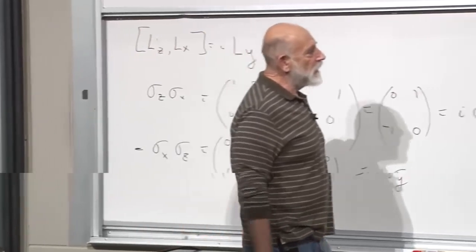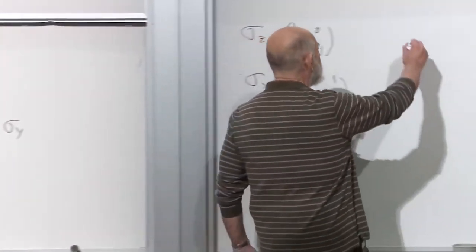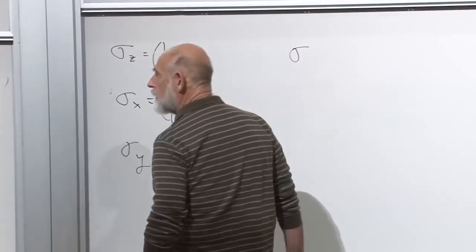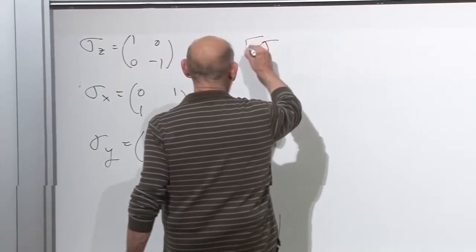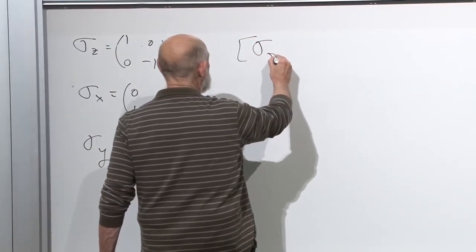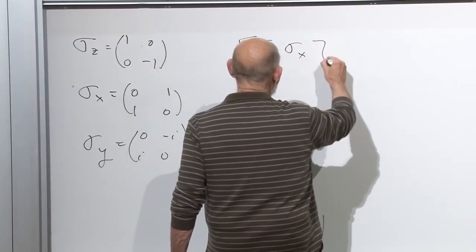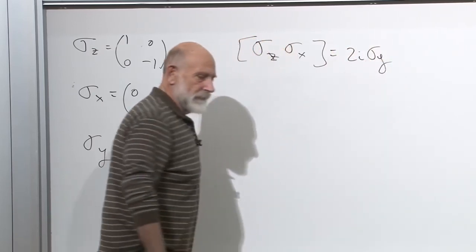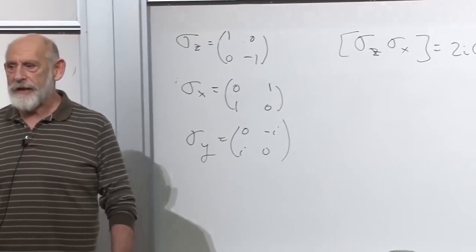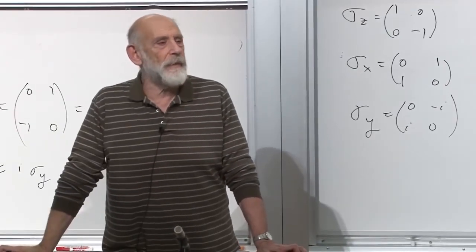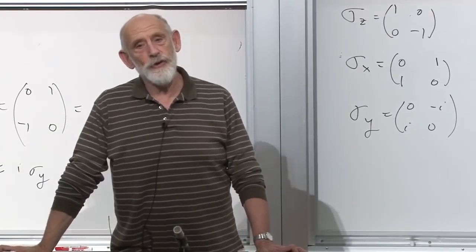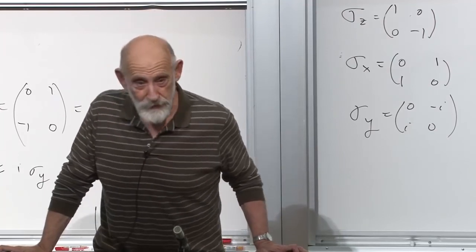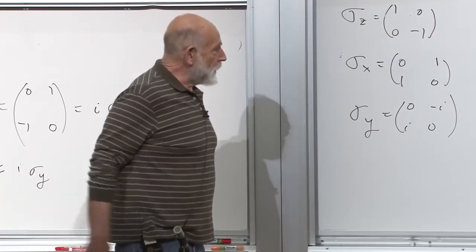We have instead that the commutator of sigma z with sigma x is twice i sigma y. Does this mean these are not angular momentum, or does it mean that we're not talking about rotations? No. It just means we've normalized the sigma matrices incorrectly. Here's the trick.